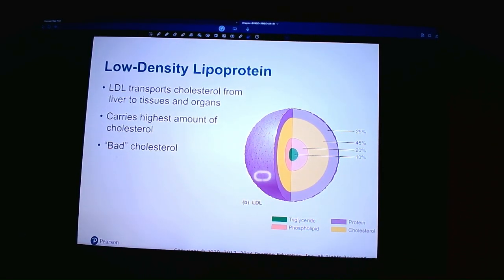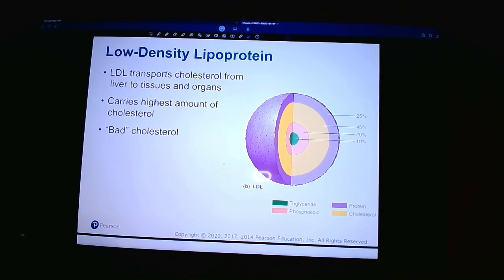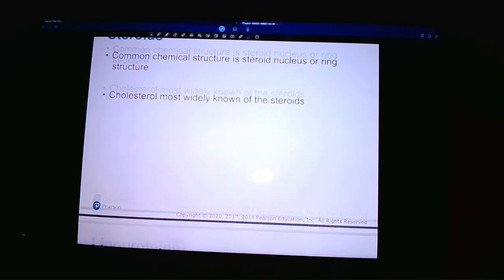And that's bad. That's an abundant amount of cholesterol, and usually these LDL particles are taken from the liver. So they go from the liver, or that's a poorly drawn liver, and straight into the bloodstream.